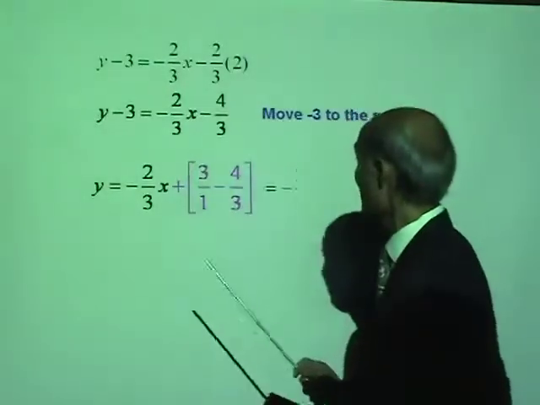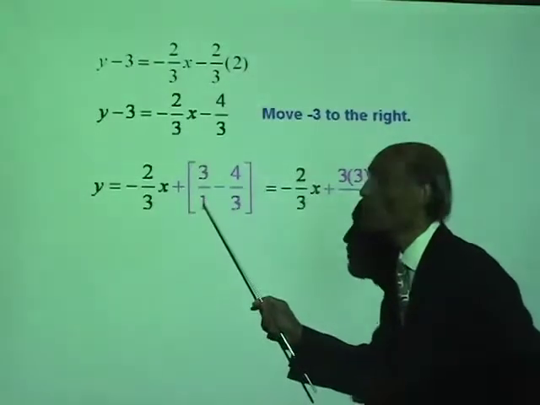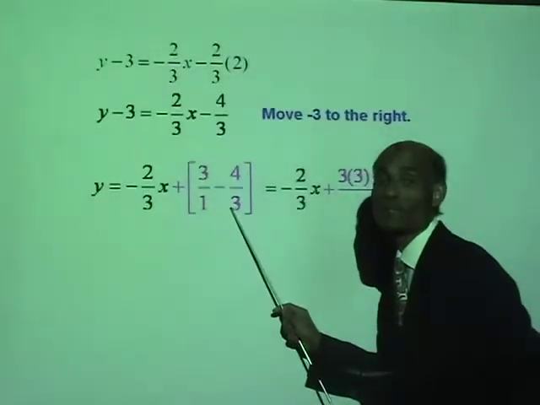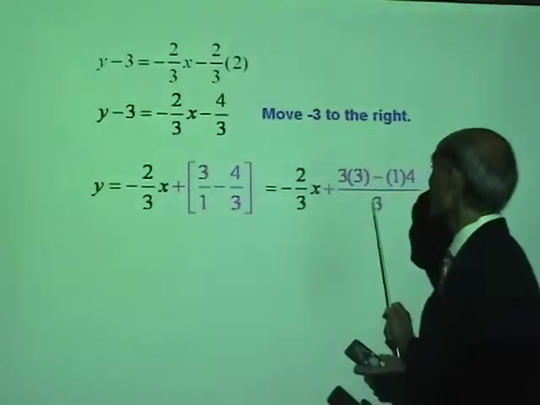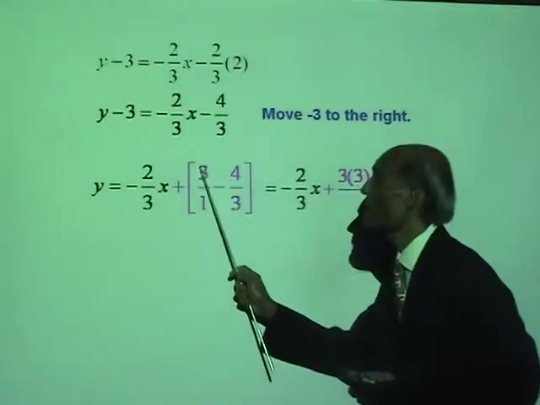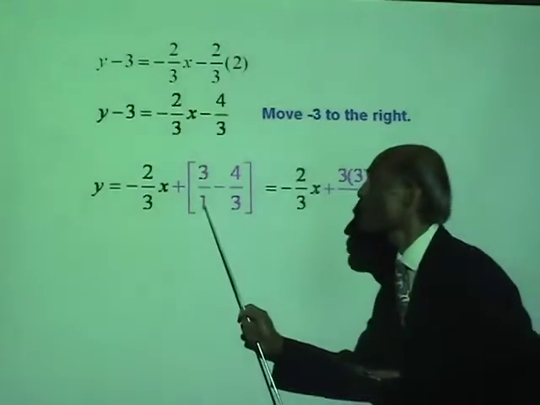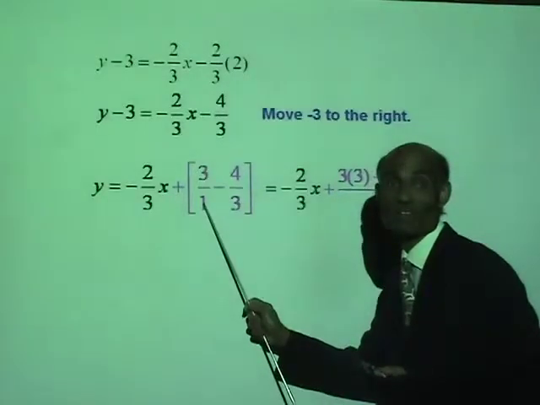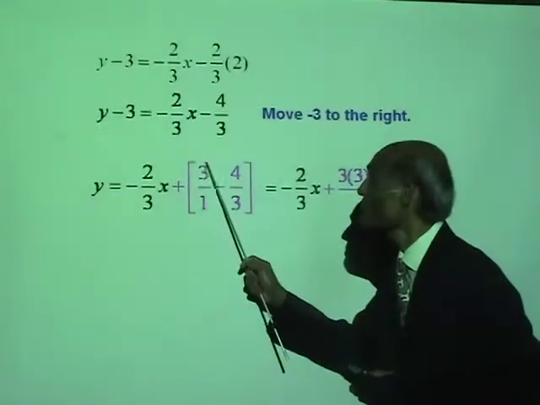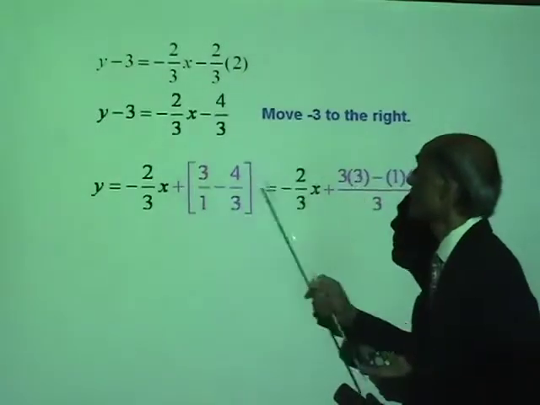Okay, let's try that. What is the common denominator for 1 and 3? That will be 3. Now, what will this 3 be multiplied by? You can see 3 divided by 1 is 3. And that 3 will be multiplied by this 3. You got 3 times 3.